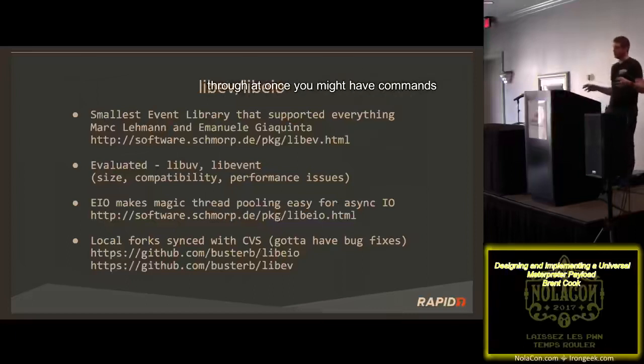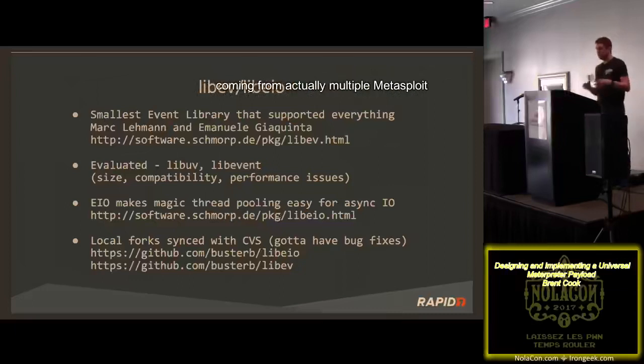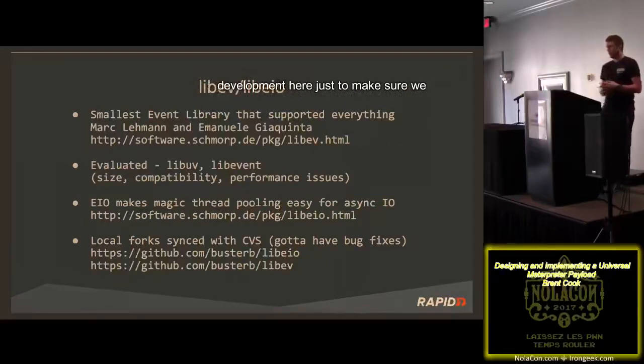You might have a dozen different tunnels going through it at once. You might have commands coming from multiple Metasploit frameworks. I don't know if you knew this, but a single Meterpreter can talk to multiple frameworks simultaneously. We've never really exposed it, but we use it during development to make sure we can scale properly. We evaluated a few different event libraries that allowed us to do this kind of scaling.